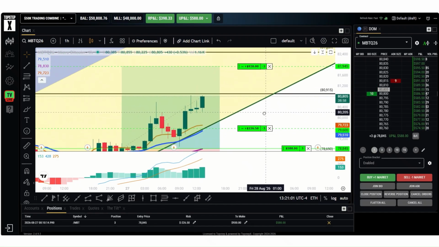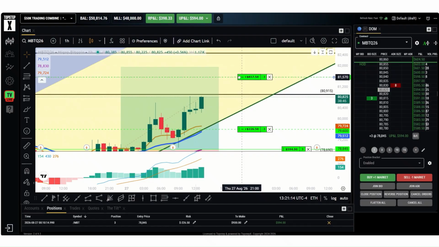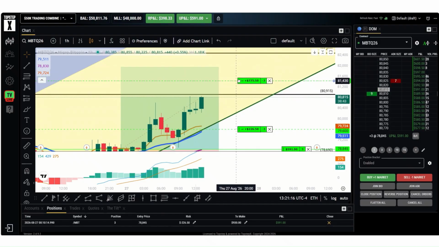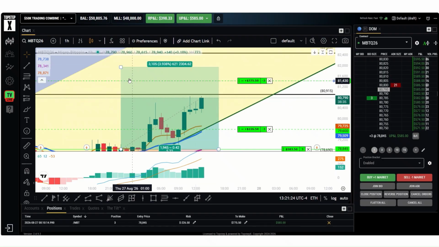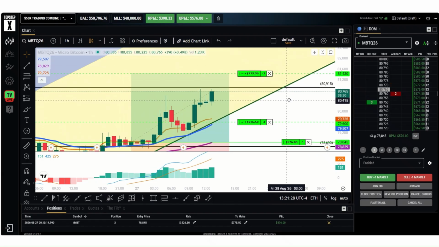So while I'm here, I'm going to walk down my take profit target. I'm already up a little, almost $400 in the day, and I don't want to push it considering it's a race against time. So what I'm going to do is walk it down and see if I can fill this at $775, which would equate to Bitcoin futures at 81,430. So I'll adjust this as well. So there's my new take profit target.